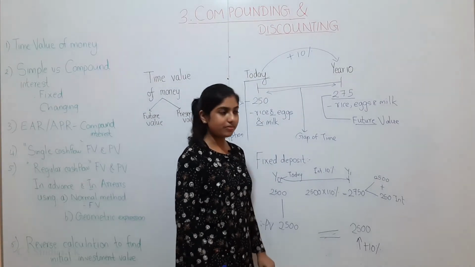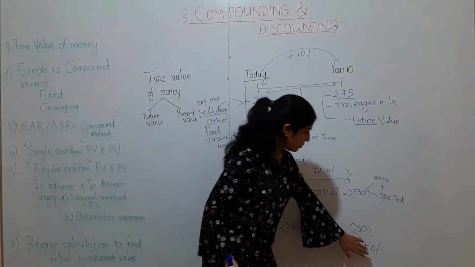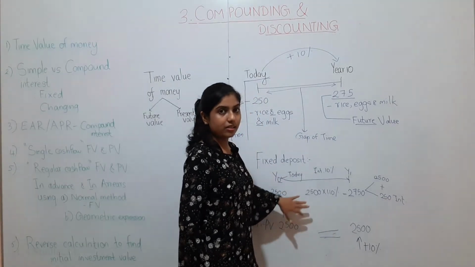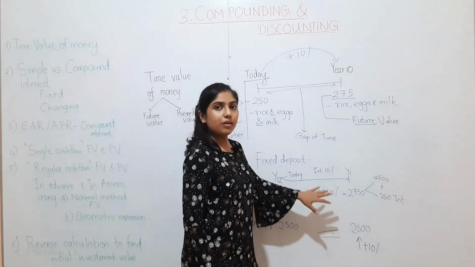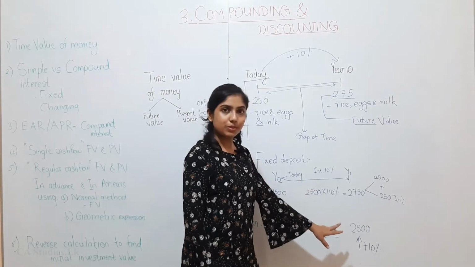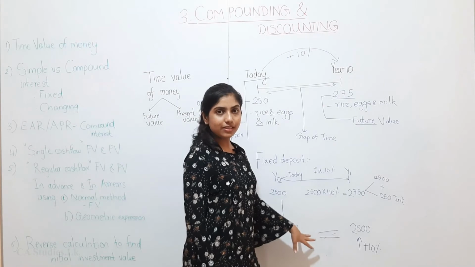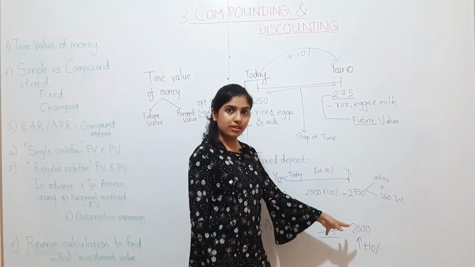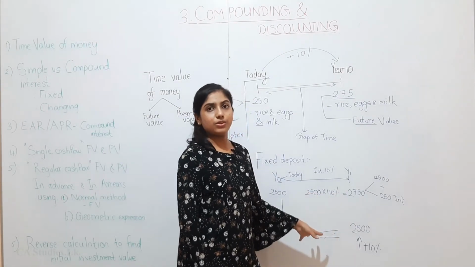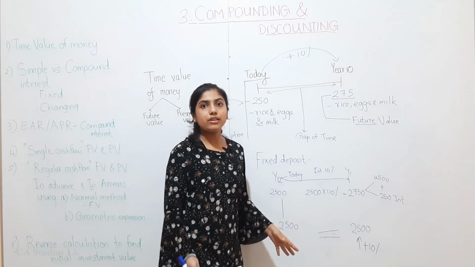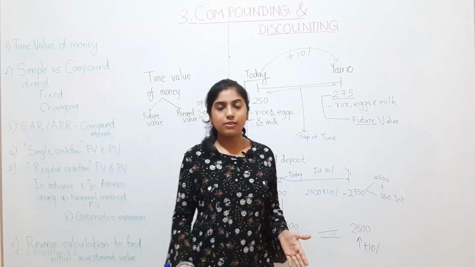Alright. Without 10%, today's value is greater than tomorrow's value. But with 10% additional, today's value and 1 year's value will be equal. That's the key learning point from this chapter, time value of money.